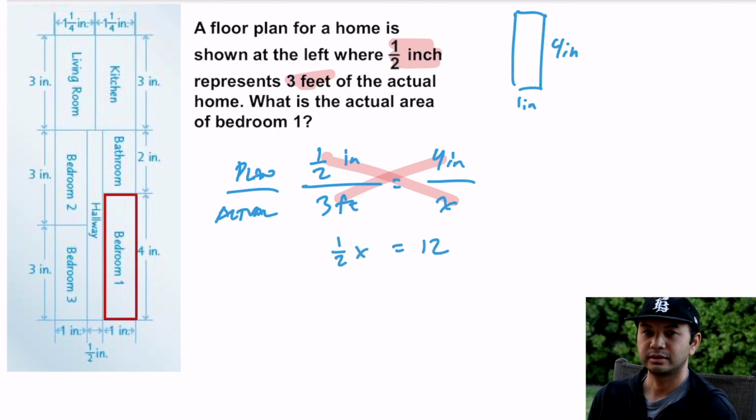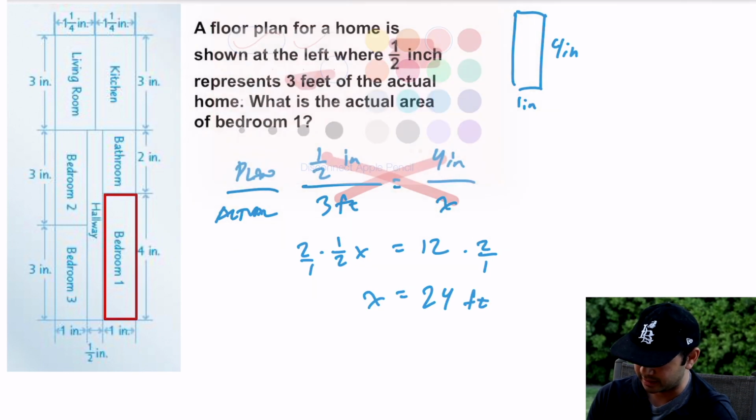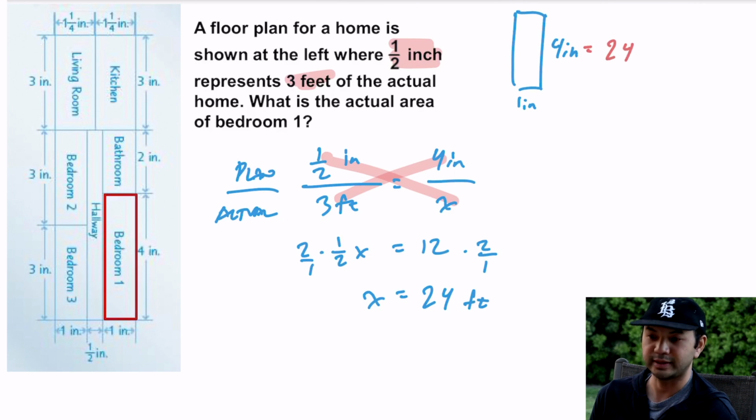And then you're solving a one-step equation here. To isolate x, you multiply by the reciprocal of 1/2, which is 2 over 1. So x would be 24. So this would be 24 feet. So over here, I'm going to write this is the same as 24 feet. Okay, so that's the length.